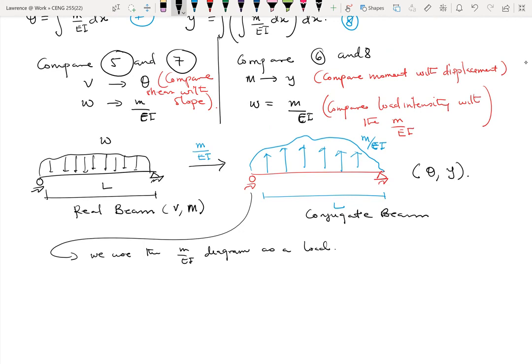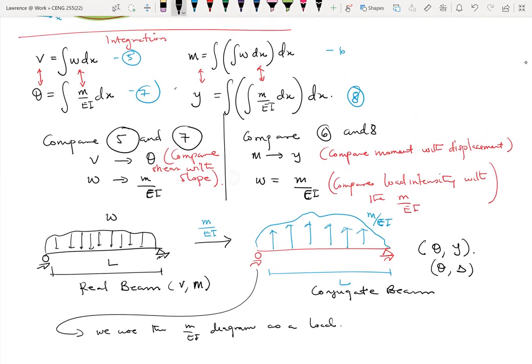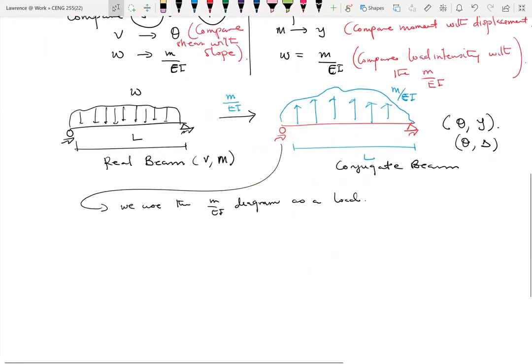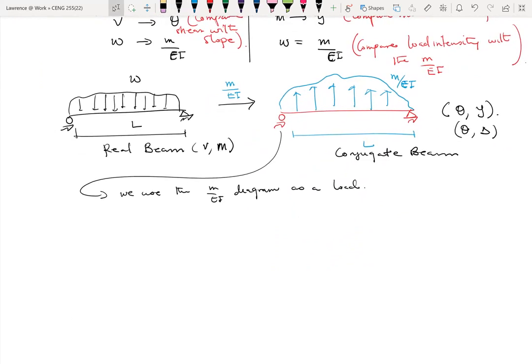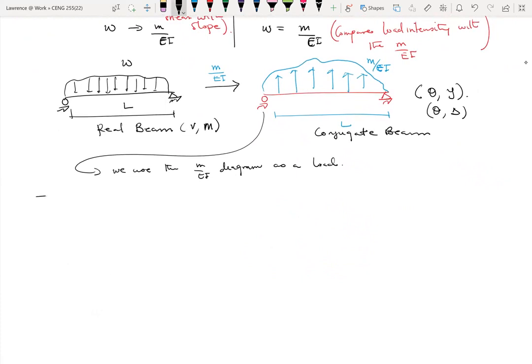Some books will use Y or delta, so here the Y can also mean delta. Based on that, I can write two theorems. We should know what these theorems are. I think sometimes I do ask the students to state some of these theorems in the exams.